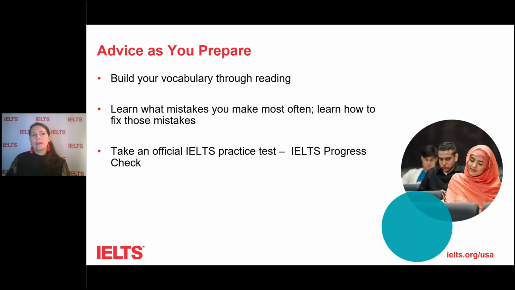And then as you prepare, build your vocabulary through reading. You need vocabulary for really every aspect of this test. And the more you read, the more that you will learn in terms of words, but also how to structure your own writing. Learn what mistakes you make most often and learn how to fix those mistakes.